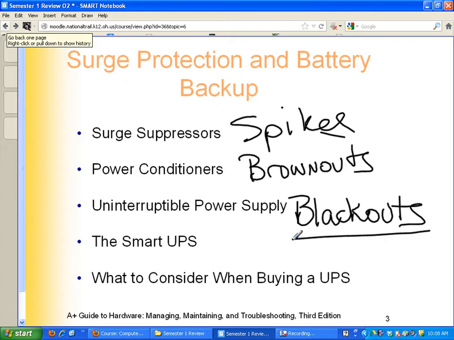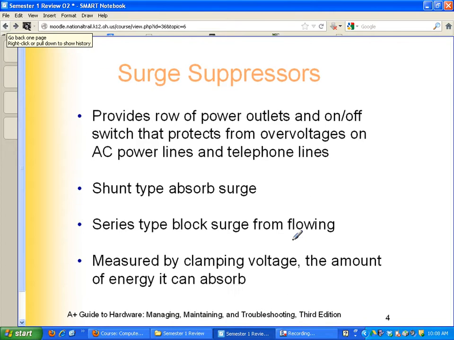How come we don't have whiteouts? Because it's not white when the power goes out. It's called a blackout because the room is black. It's dark. Why is it called a brownout though? Because it gets dimmer. We used to have those all the time.